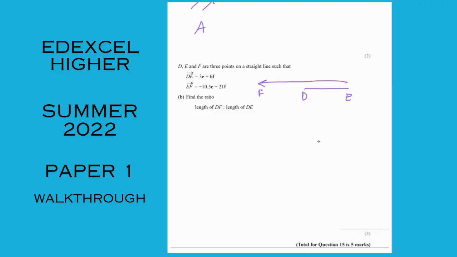But if I did 1 plus the other, so 3 added to negative 10.5 means we'll get that distance there in terms of E and F. So that comes out at minus 7.5 E. 6 take away 21 is minus 15F.